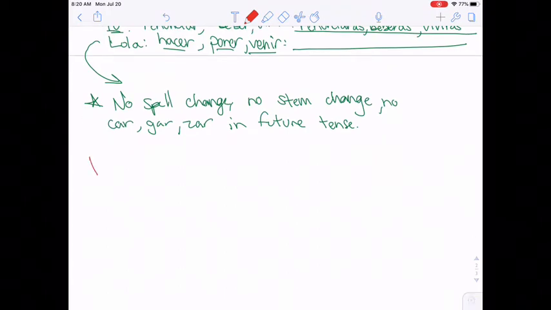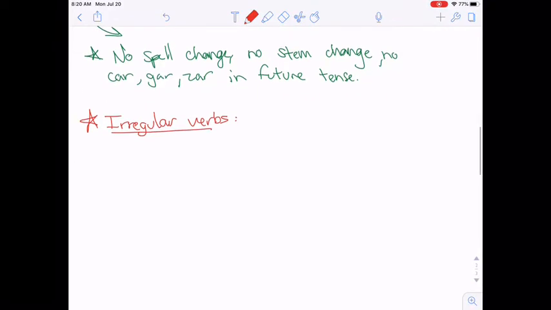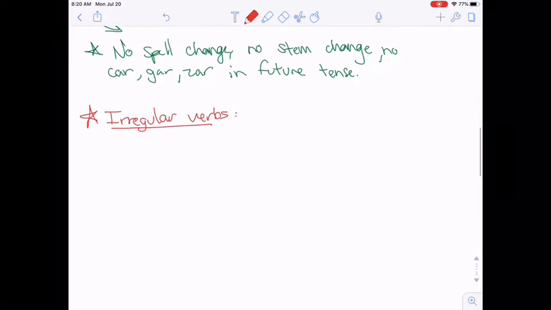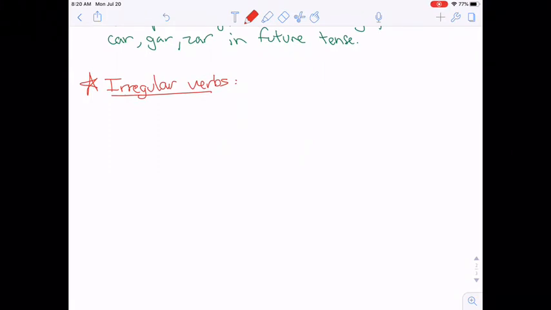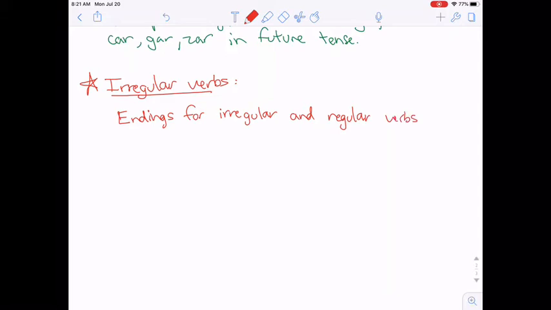So let's just make it big. Irregular verbs. Alrighty. So endings for irregular and regular verbs are the same.